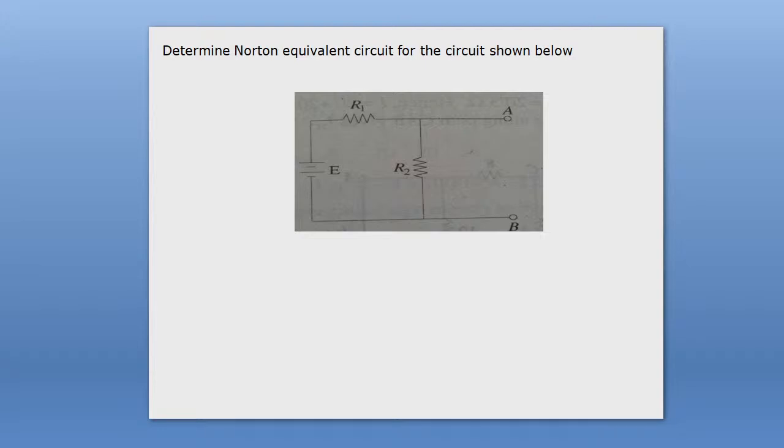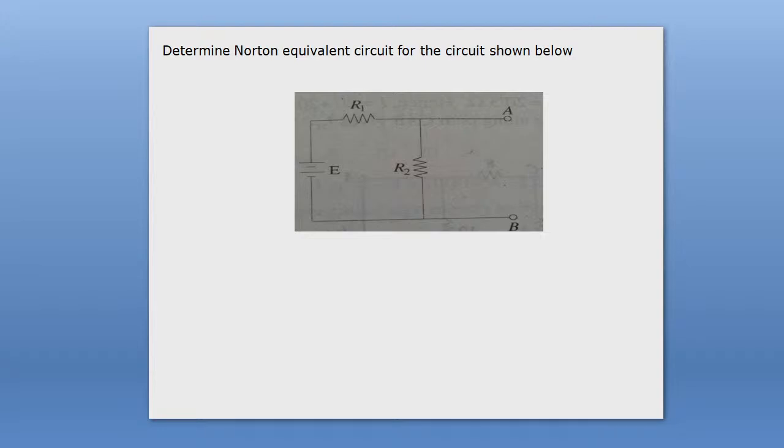Now you see a very simple problem. A circuit consists of a single voltage source and two resistances. Your task is to draw the equivalent Norton circuit. To determine the equivalent circuit, we will follow some steps.